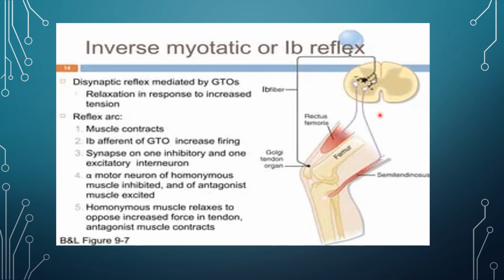The muscle from which the impulse is coming will undergo relaxation, whereas the antagonist muscle will undergo contraction. So this was the inverse stretch reflex when stretch is given beyond the physiological limit.